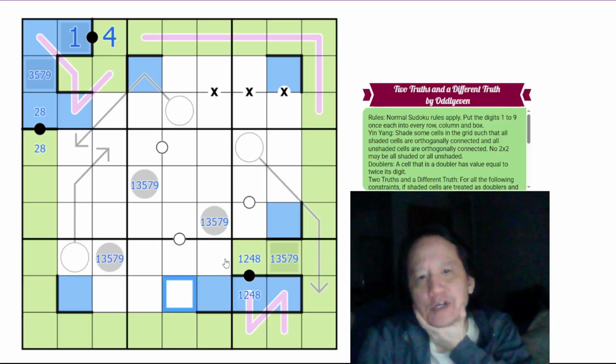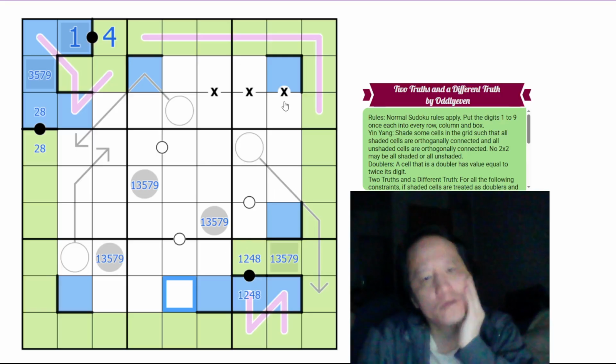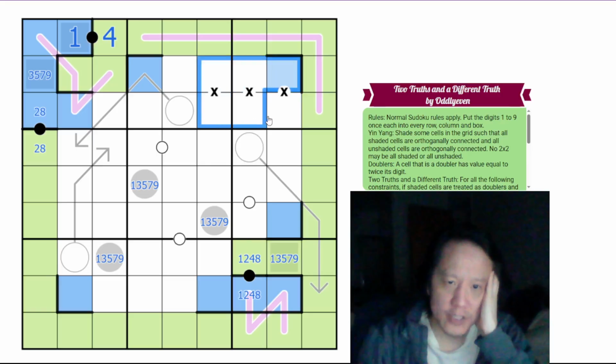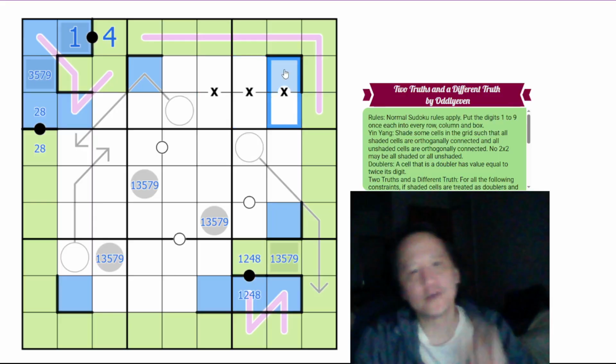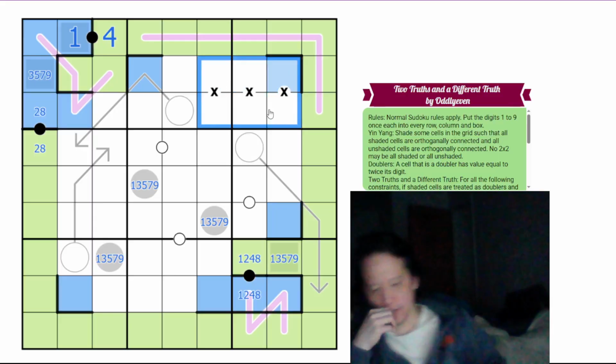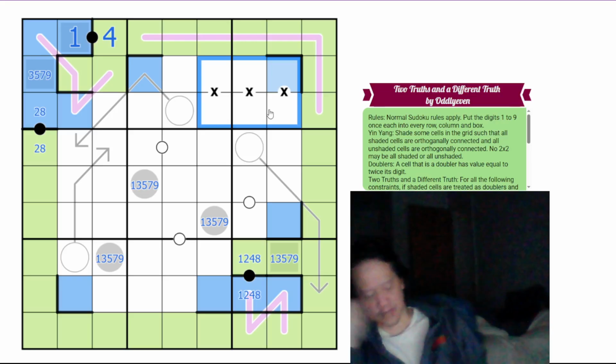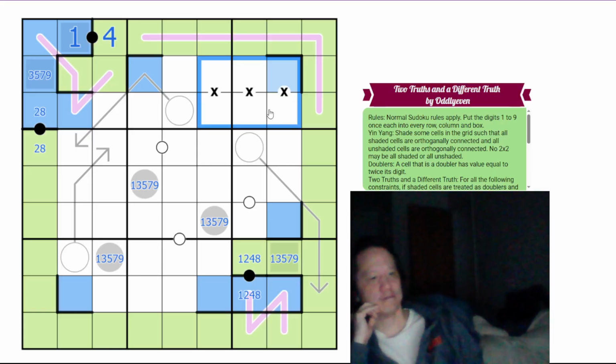What else do we know? Hmm. We know at some time these guys have to add up to 10. Obviously, if you double both of them, they would no longer add up to 10.